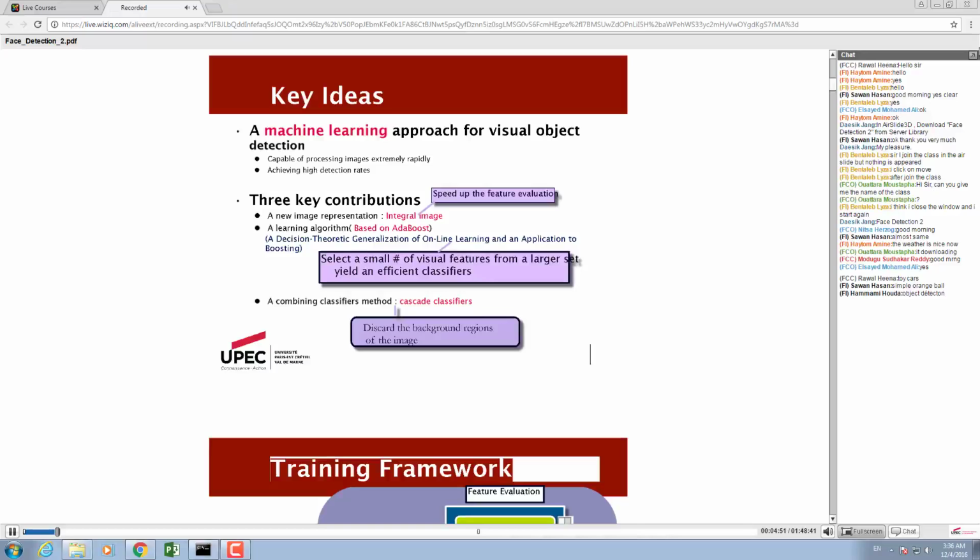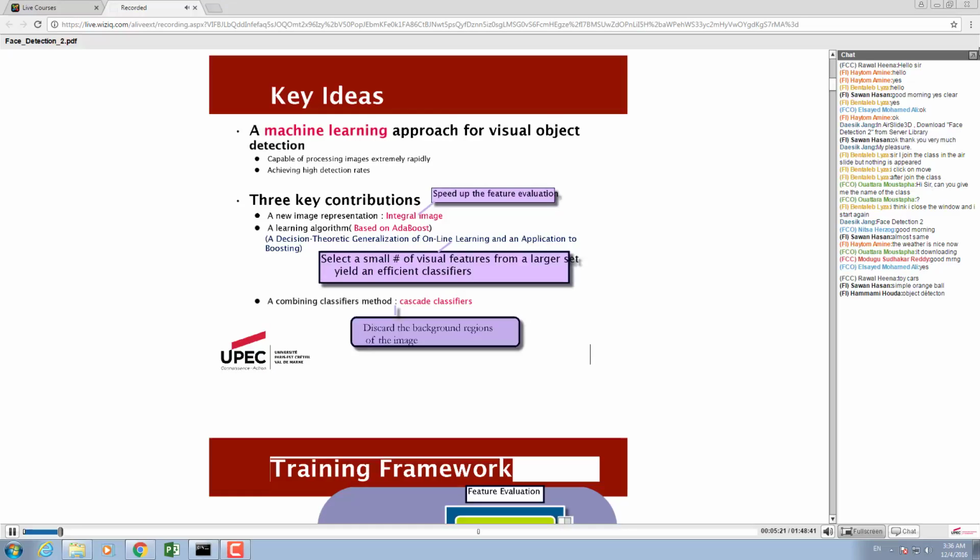The other one is that it is using a new image representation. It is called the integral image. This is not any very serious theory. It is very simple, a kind of transformation of the image, just adding some values. But the main purpose of this approach is to speed up the feature evaluation, the feature calculation.